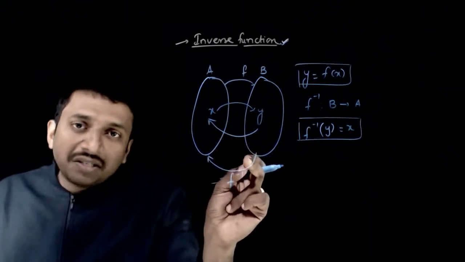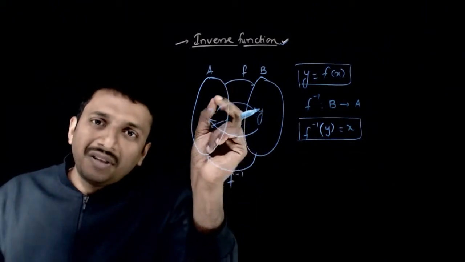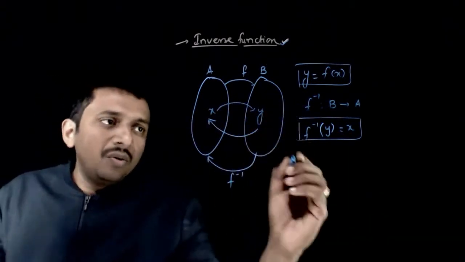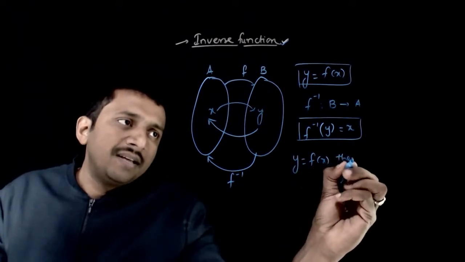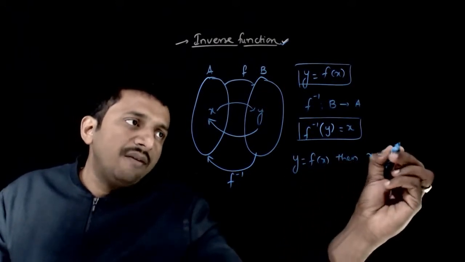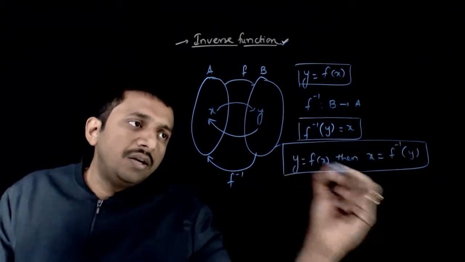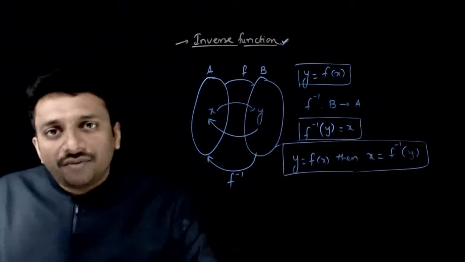So inverse function is a function which does exactly the reverse of the operation which happens in the f function. So if y is equal to f of x, then x will be equal to f inverse of y. In 11th class, this is what you need to understand.